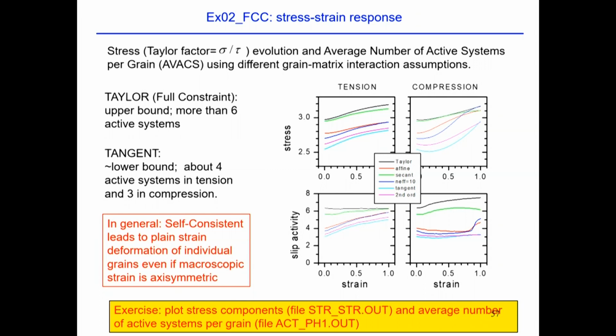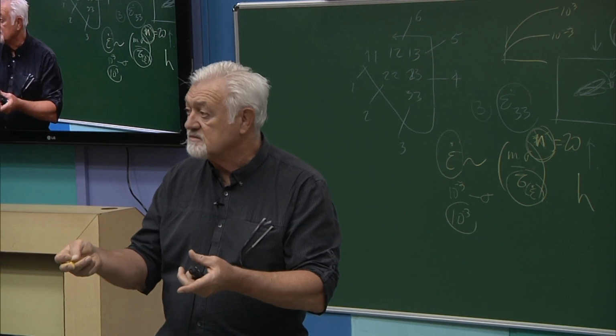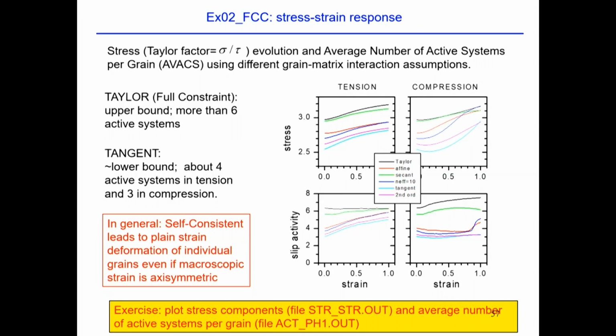I mean, you can have hardening in the macroscopic flow curve just because you are evolving your texture, and more grains are oriented to orientations where they are harder to deform. That's texture hardening. So all the other laws have larger compliances, to different extents, and give stress strain curves that are noticeably lower than the upper bound of Taylor or the secant. In compression, there is a bit more dispersion.